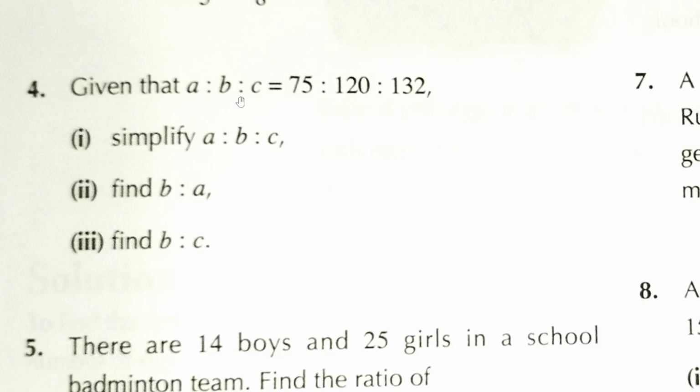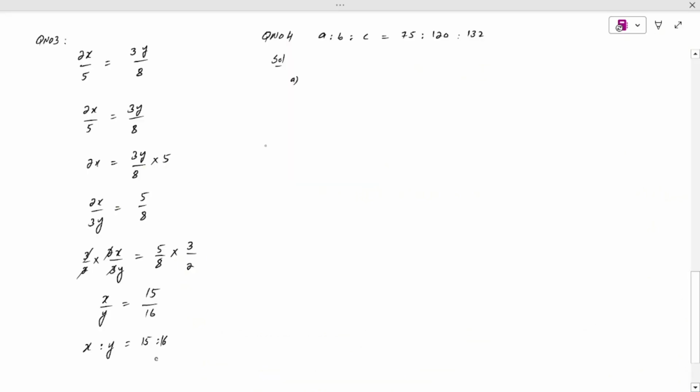Given that A ratio B ratio C is equal to 75 ratio 120 ratio 132, and in part 1 he is saying to simplify A ratio B ratio C. So let us simplify it.